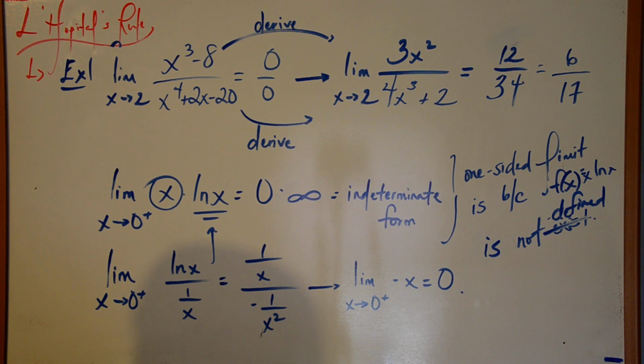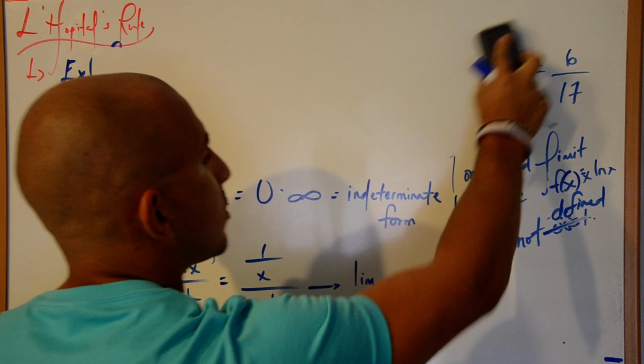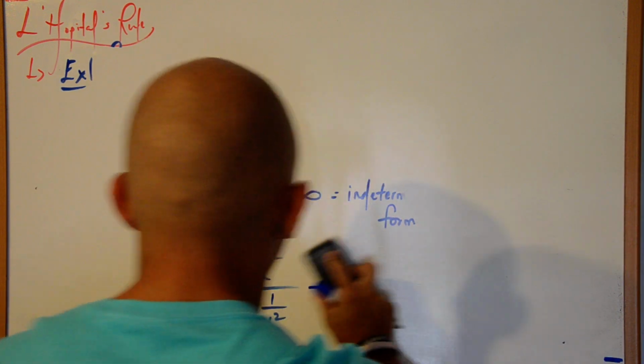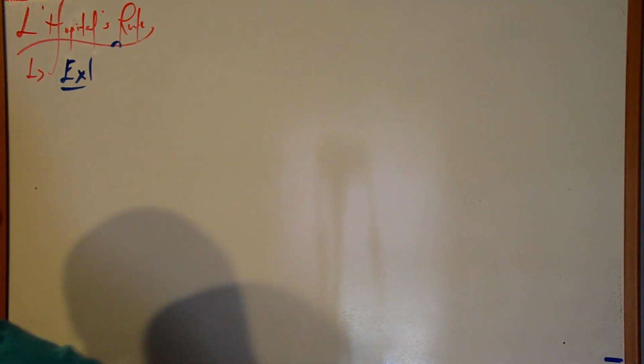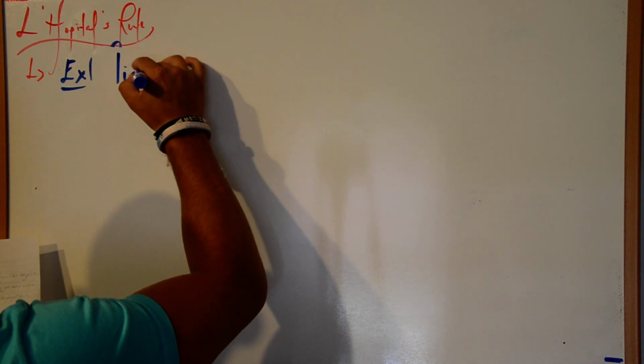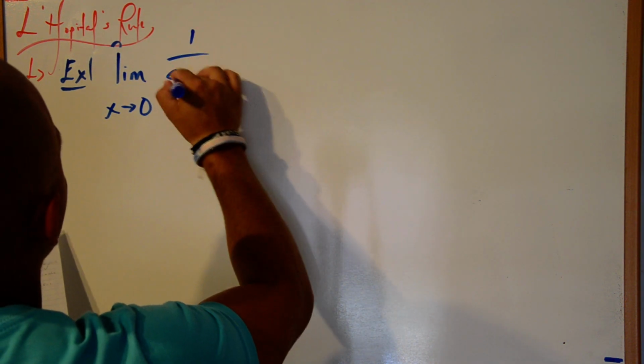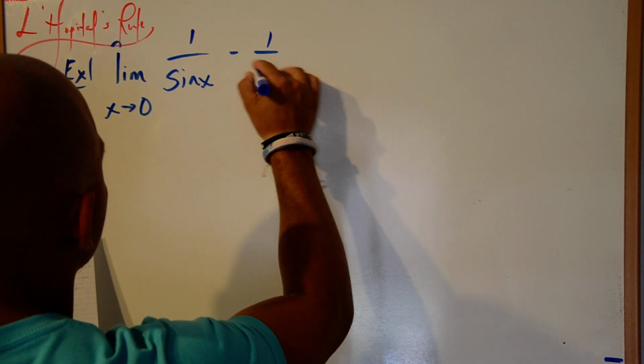I'm going to put up one for you to practice on your own. I will also list the answer, that way you can see if you've done it correctly. We have the limit as x approaches 0 of 1 over sine x minus 1 over x.